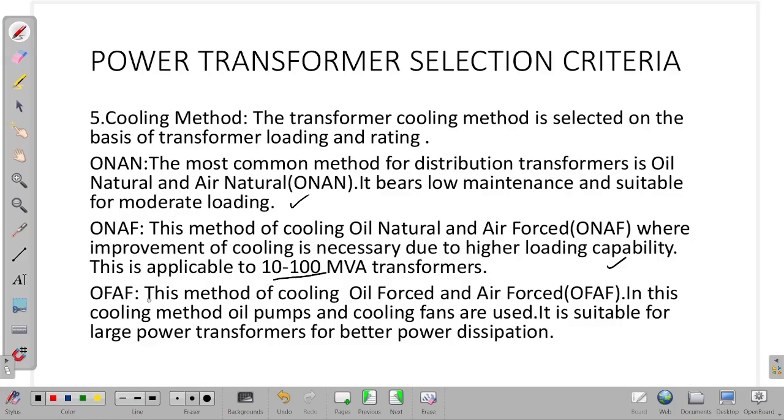Then third one is OFAF. In this cooling method, oil is forced and air is forced, and oil pumps and cooling fans are used. It is suitable for large power transformers for better power dissipation.